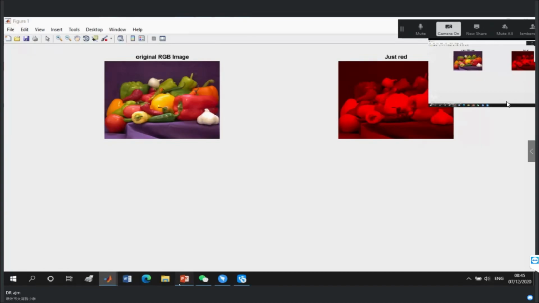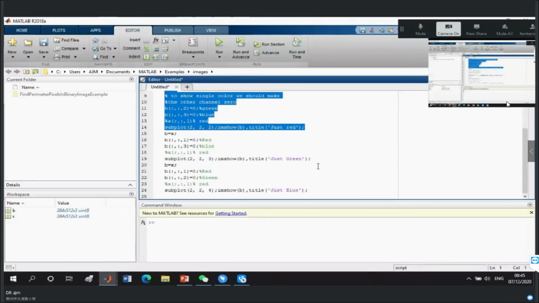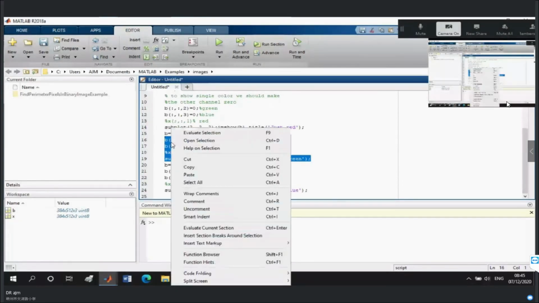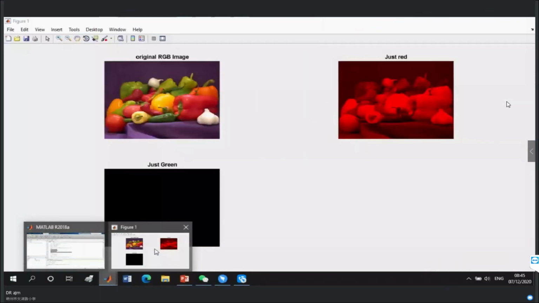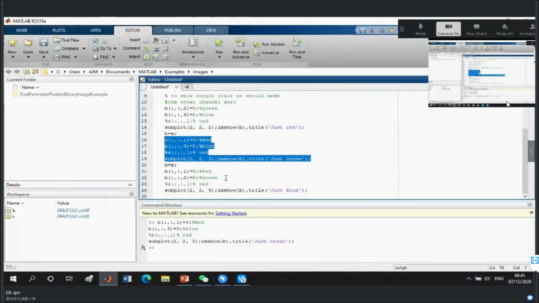The same if I want to work just for, suppose, the green one. I can do the same here. And if I want to do it for the blue one also, I will set the 0 value to that. I will run the program again.